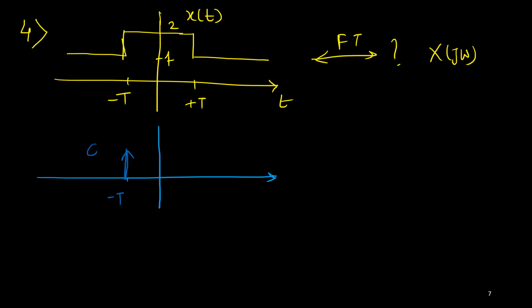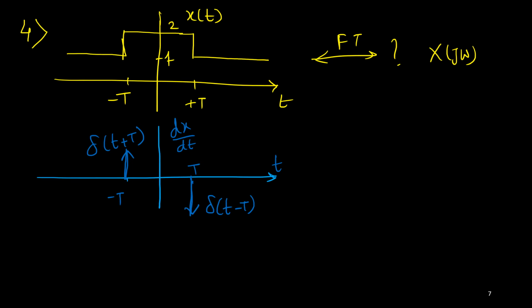That is your delta function located at t equals minus T. And again, from minus T to plus T, it is constant at 2, so its derivative is 0. And then one sudden change at plus T, but it is downward because 2 to 1. This impulse is at plus T, thus it is delta t minus capital T. So this is the plot for the derivative.